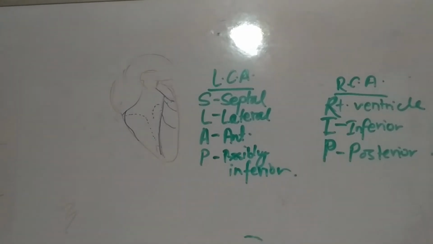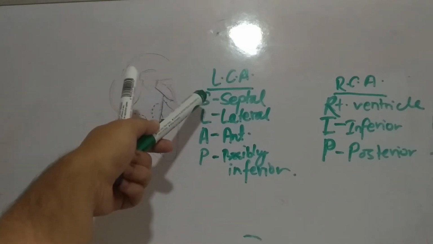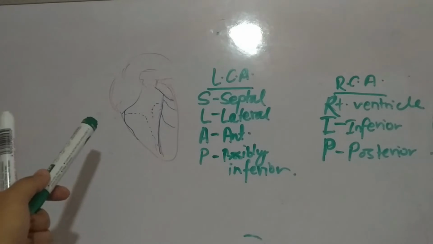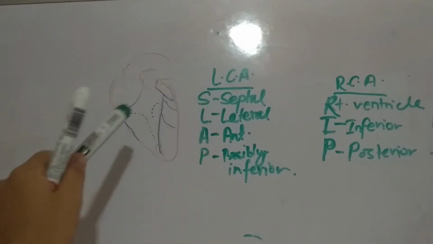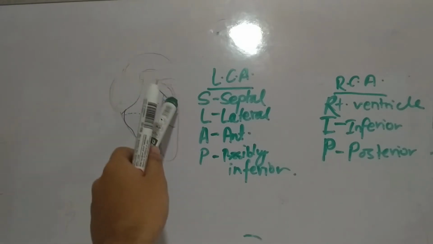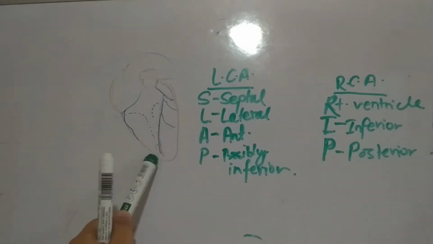So if there is septal pathology, which is the culprit artery? Left coronary artery in most cases, but in some cases the right coronary artery; in most cases septal is just LCA. Lateral, again the circumflex. Anterior, LAD supply.